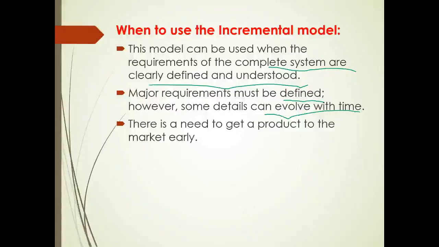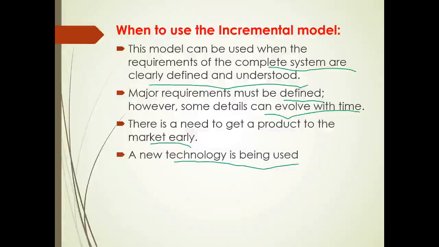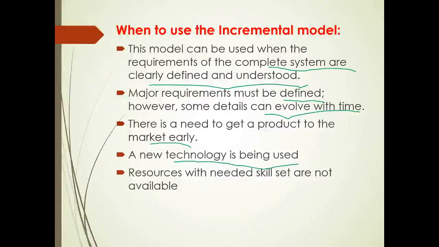Next, there is a need to get a product to the market early. When you want to launch the product in the market early, you can go for this model. Also when a new technology is being used, as you are understanding it and then developing it, you can go for this model. Also when resources with the needed skill set are not available.